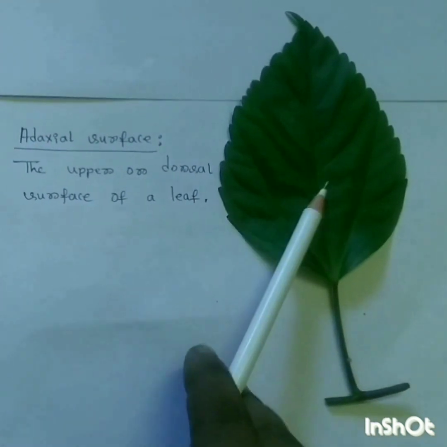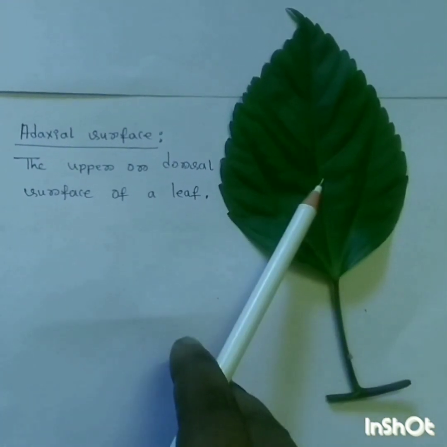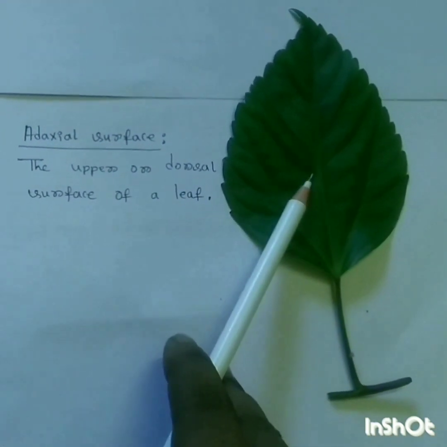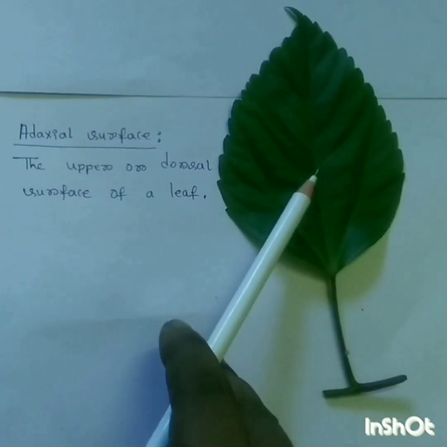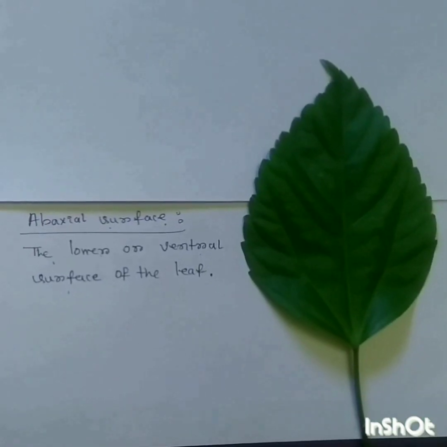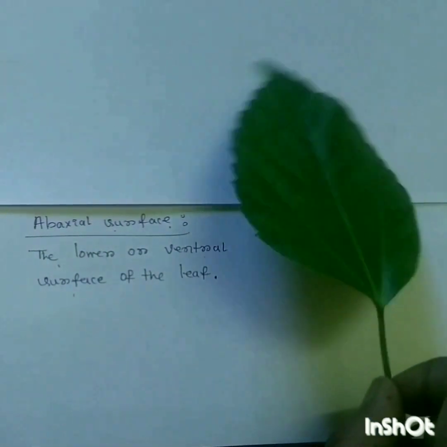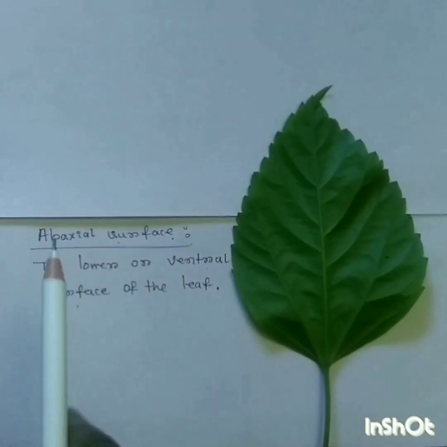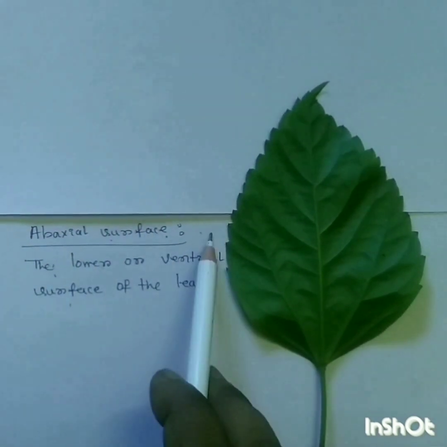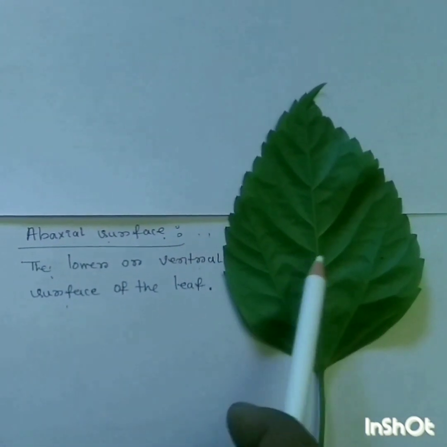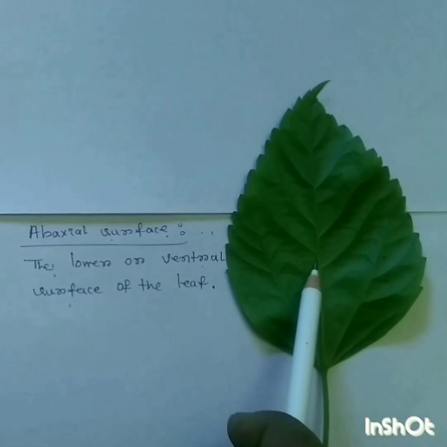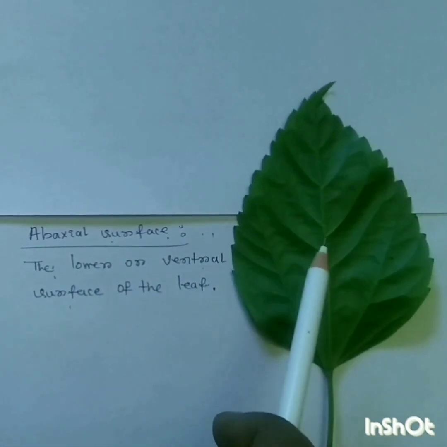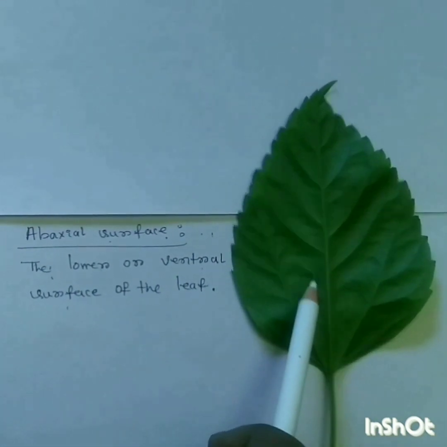The upper or dorsal surface of a leaf is called adaxial surface. Abaxial surface. The lower or ventral surface of the leaf is called abaxial surface.